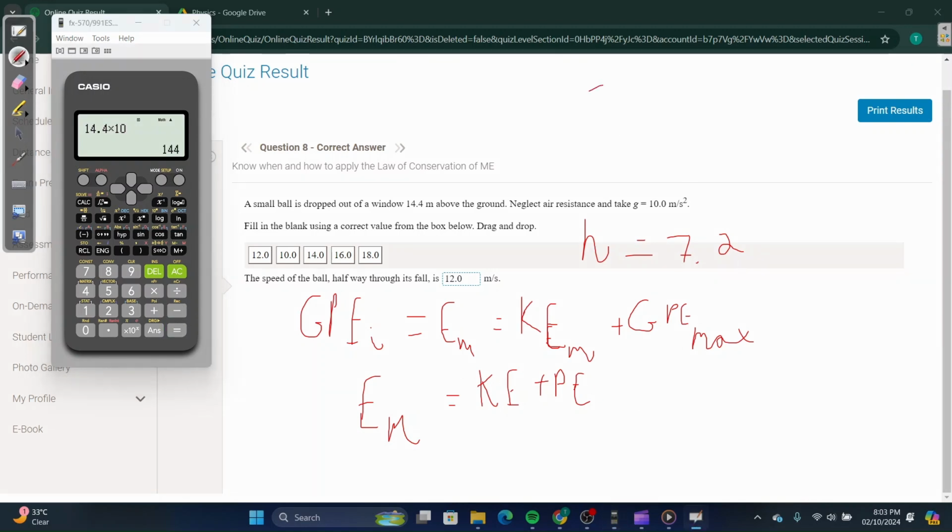So GPE initial, just write it here, is 144 times the mass. The mass is unknown.